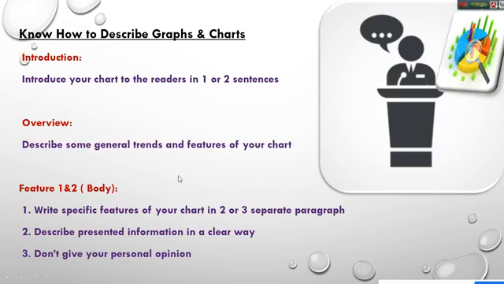Simply, the overview will explore the general trends of the charts, and in the features, one or two, you have to develop two or three more paragraphs, where you must write specific features of your chart, two or three separate paragraphs to describe the presented information in a clear way.